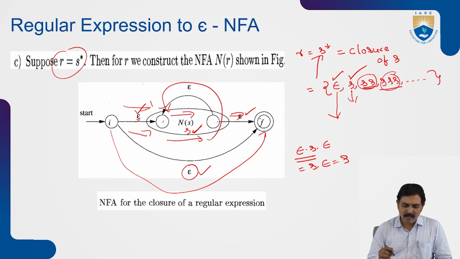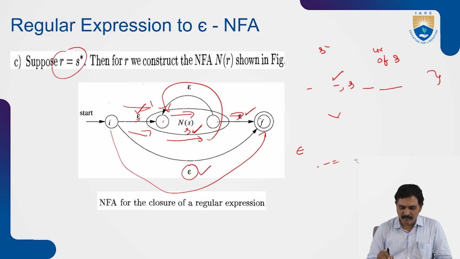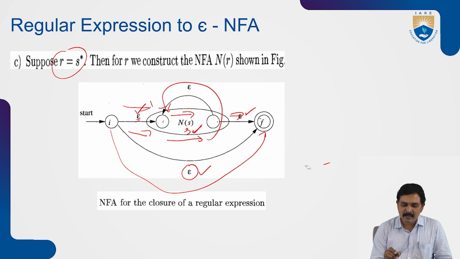For example, I want to take one more simple example. Suppose I am taking the input regular expression as A star only. In that case, what is the null NFA diagram? This is a question.